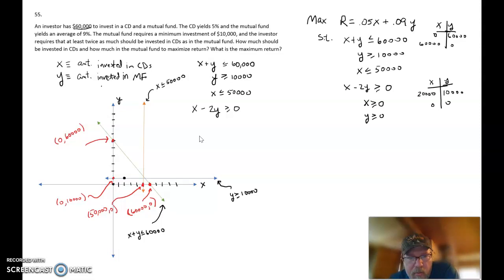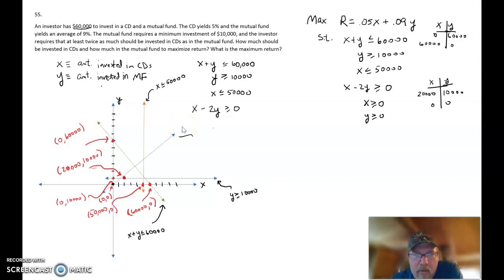So let me draw a line through that real quick. Let me do this in red like the other ones. This is over 20,000, up 10,000. And this one down here is 0, 0. Let me draw a line through those.